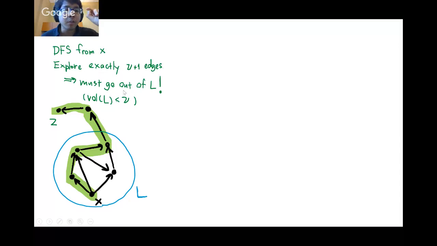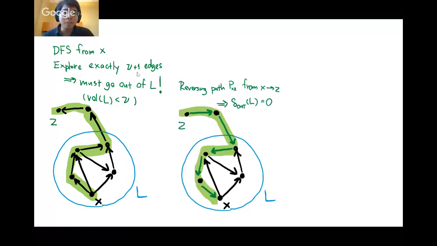If you do this, we know that your search must go out of L. Why? Because the volume of L is less than ν, so you must go out at some point because you explore more than ν edges. So you stop outside L. Now suppose that you reverse the path from X to the endpoint where you stopped.